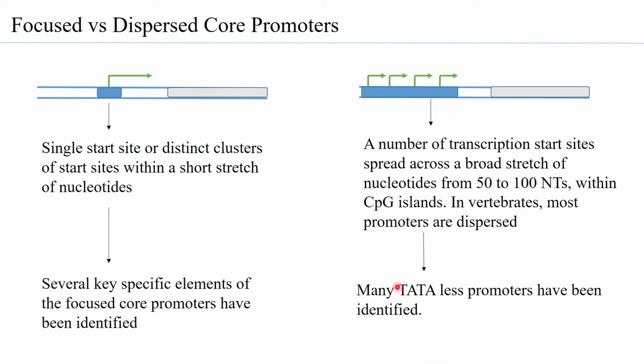So, in fact, one of the motifs that is present in the core promoters, called the TATA box, is not found in the dispersed promoters at all. This is something that has been importantly noted, because when you compare it with prokaryotic promoters, in the prokaryotic promoters you will always have a TATA box present. And so the concept that you can have a promoter without a TATA box is there in the eukaryotic system.